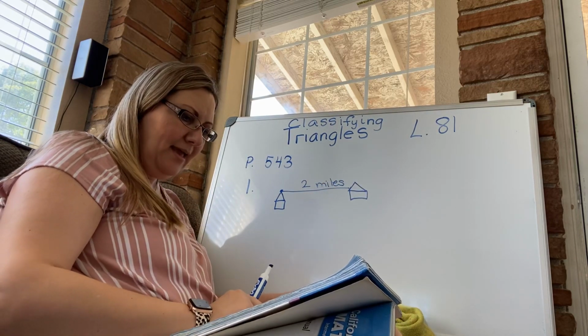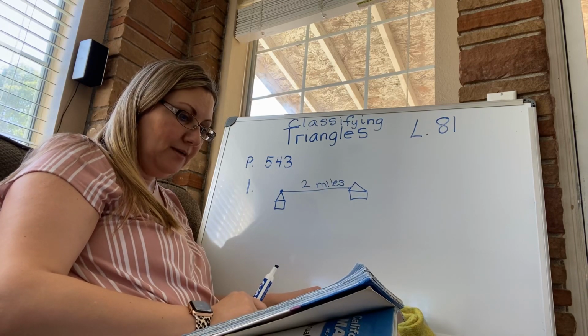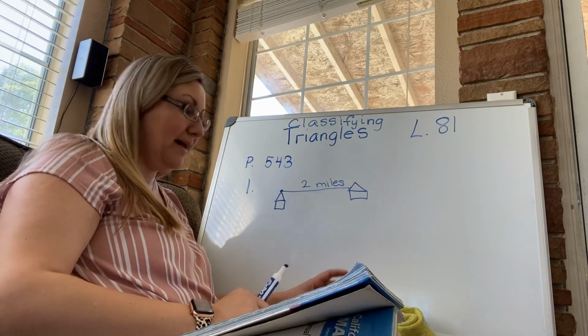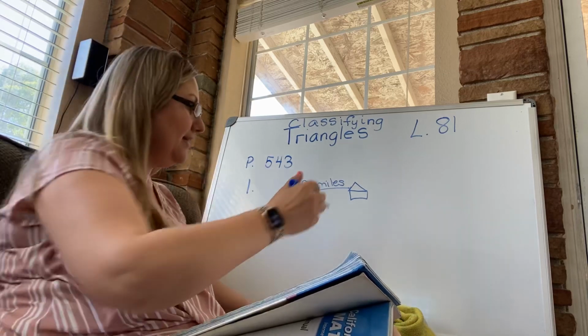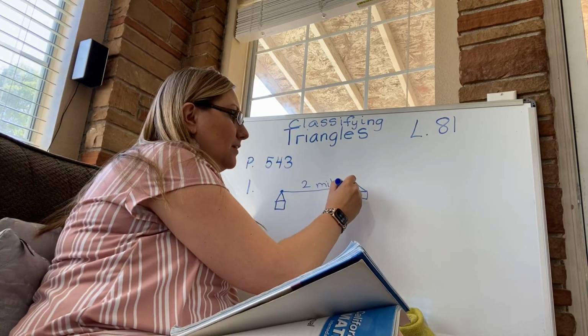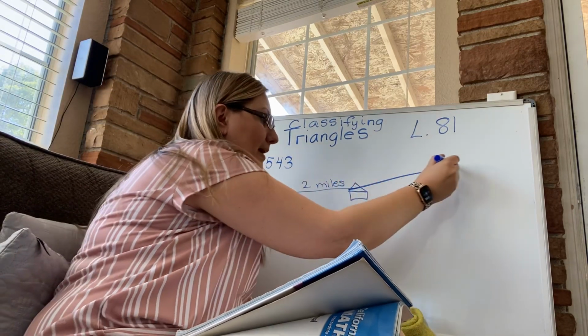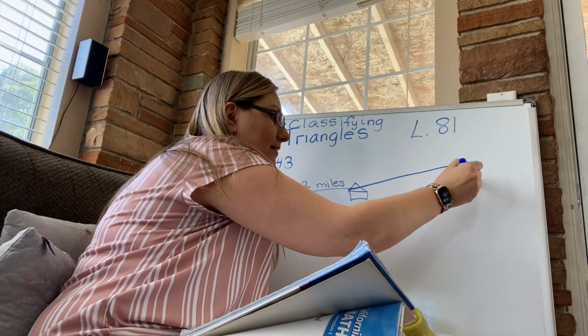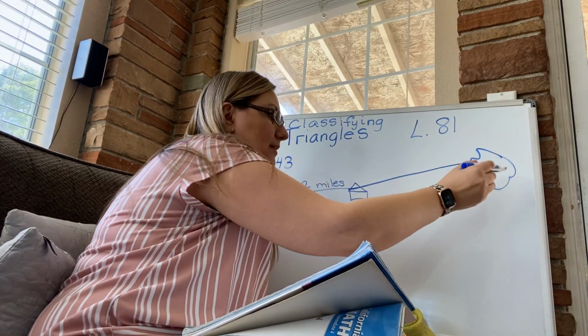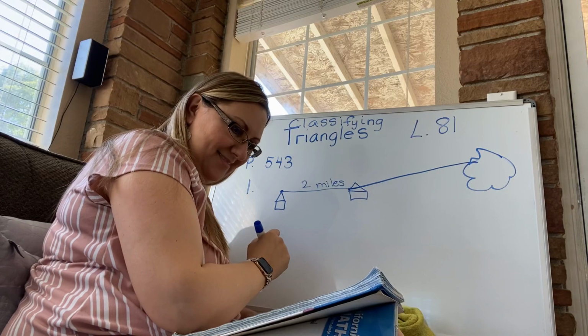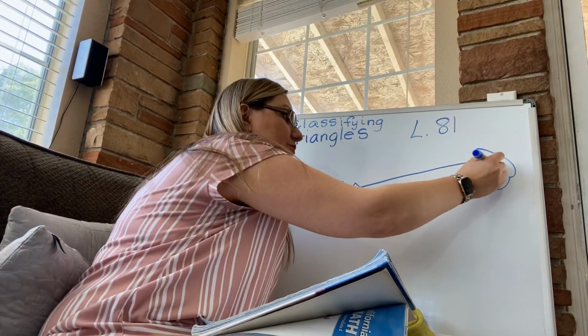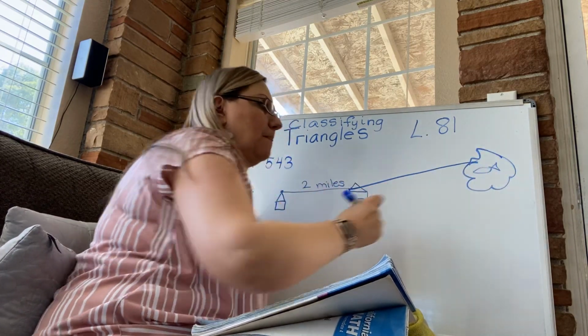All right, and then together they ride 4 miles to the lake. We don't know where the lake is, but let's just assume that they now go 4 miles, just double that, to the lake to catch some fish, right? Okay.